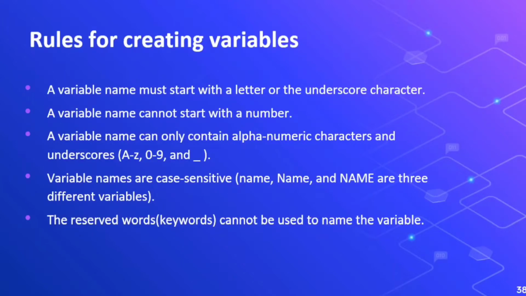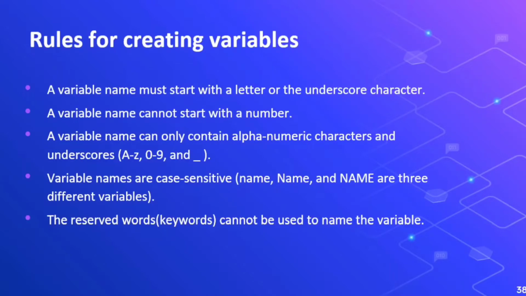The first rule is a variable name must start with a letter or an underscore. So we do not declare a variable with a number. We can include a number in a variable, but we cannot start a variable name with a number. A variable name can only contain alphanumeric characters and underscores.